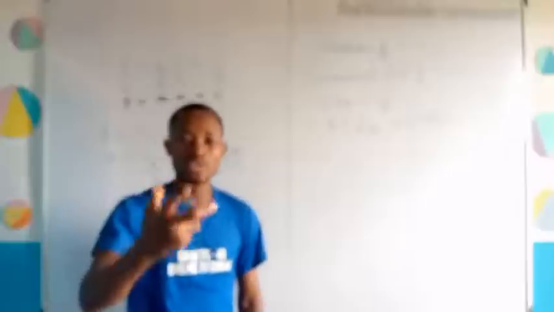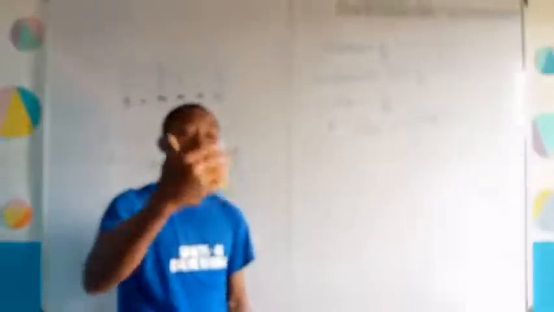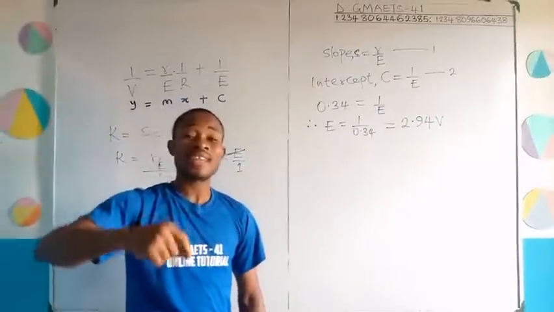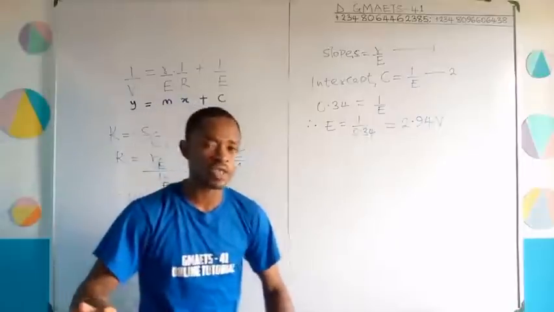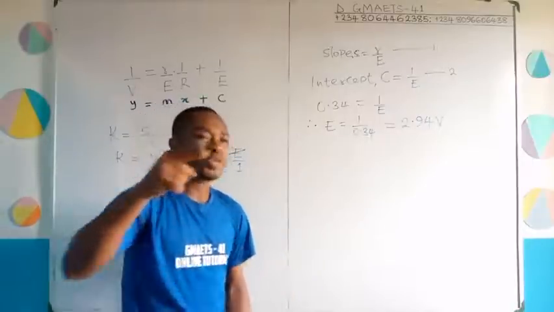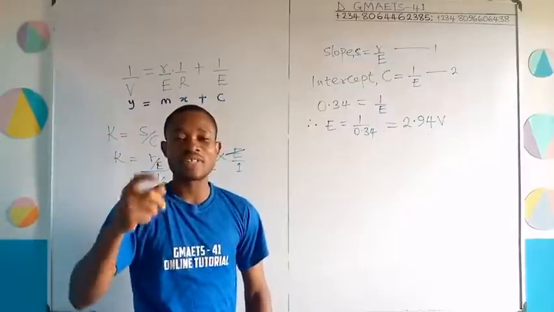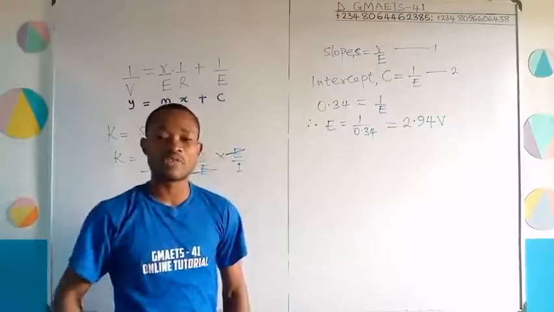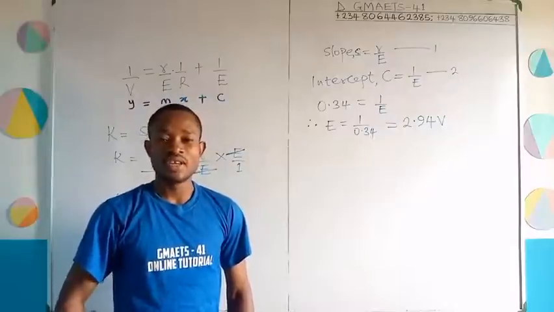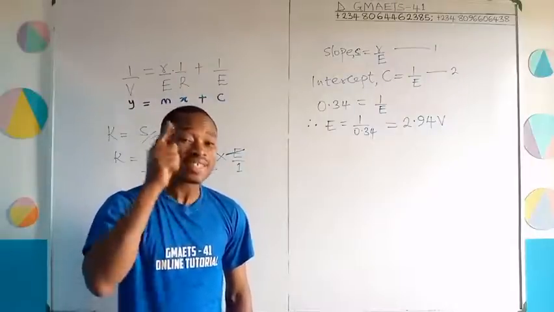Remember that I told you earlier that from the graphical analysis, we are going to establish the fact that the electromotive force of the cell we used is within the range of 2.9. And I remember that in our previous practical physics class, we measured the electromotive force of the cell using the voltmeter. We got 2.9 volts.